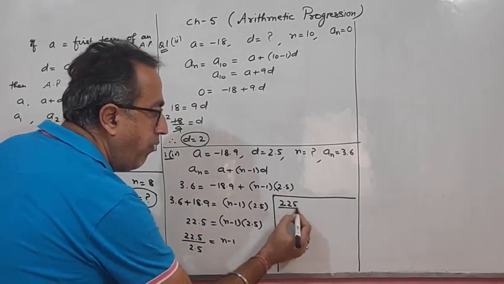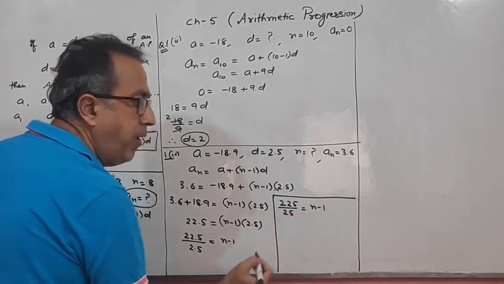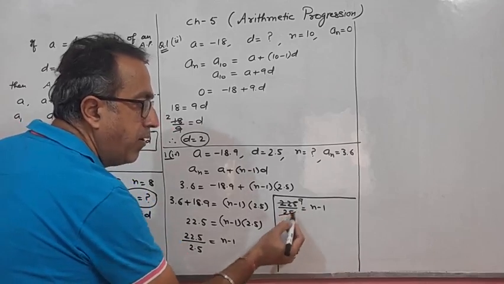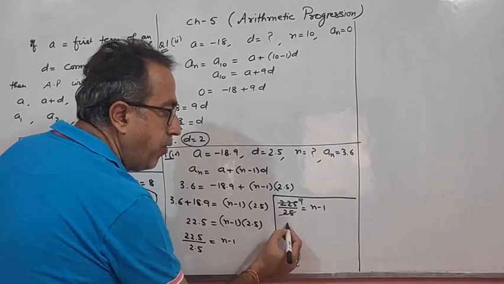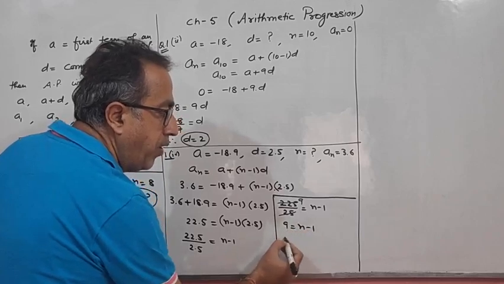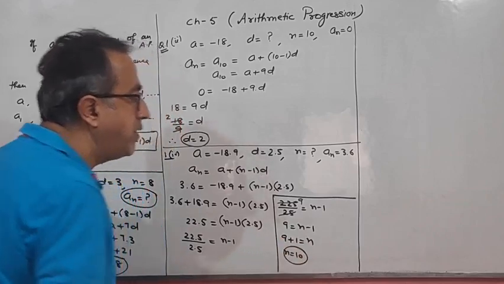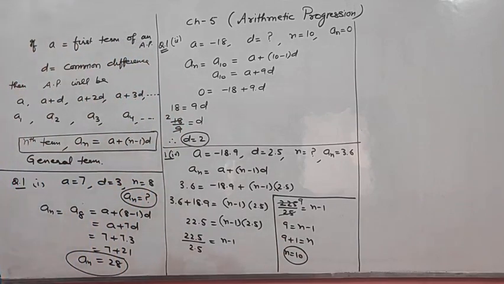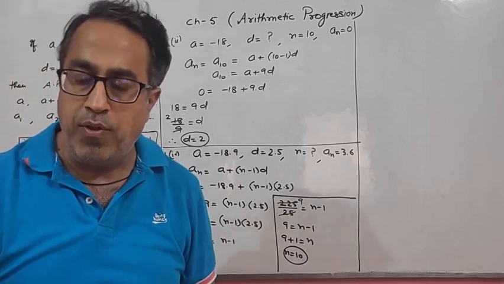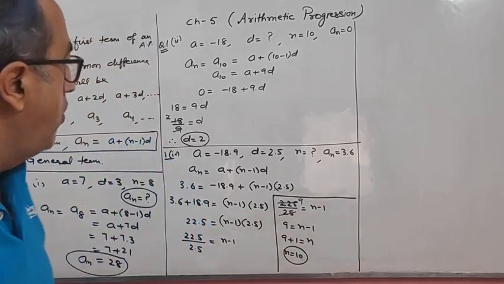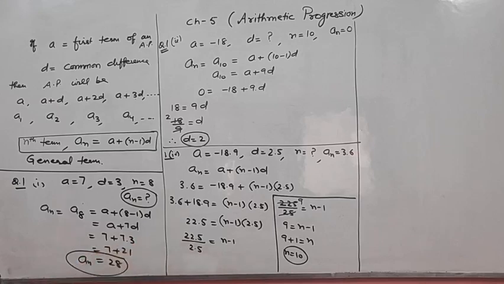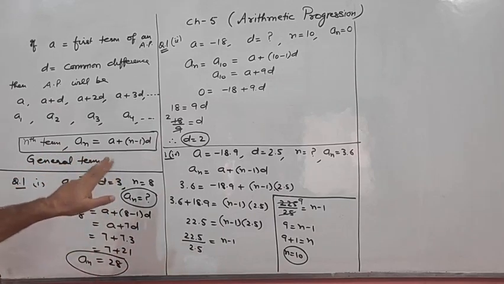So 225 upon 25 equals n minus 1. 25 nines are 225. So 9 is equal to n minus 1. Take this 1 to the left side, it becomes plus. So n is 10. This is the answer for this fourth part. You can try the remaining parts of the first question. We have done 3 parts, first, second and fourth, based on this formula for the nth term of an AP, an equal to a plus n minus 1 into d.